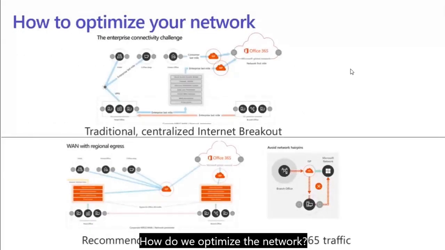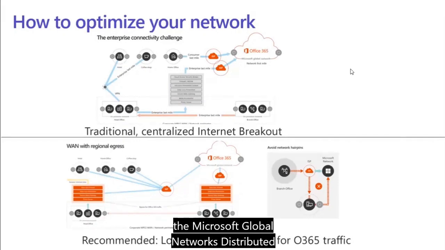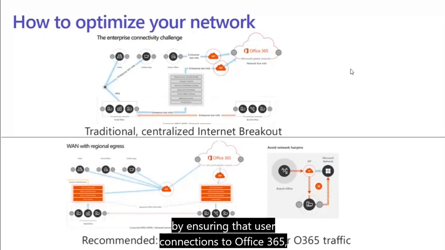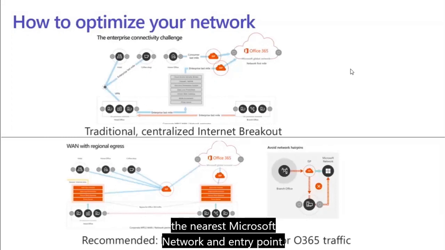How do we optimize the network? Enterprises who have adopted Office 365 can take advantage of the Microsoft Global Network's distributed services front door architecture by ensuring that user connections to Office 365 take the shortest possible route to the nearest Microsoft network entry point.